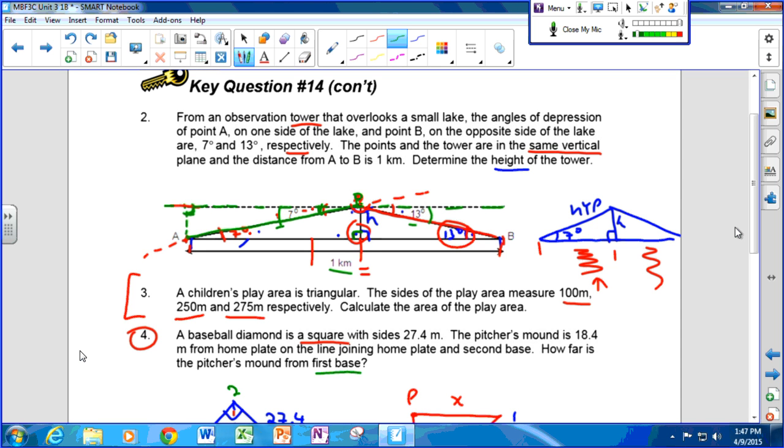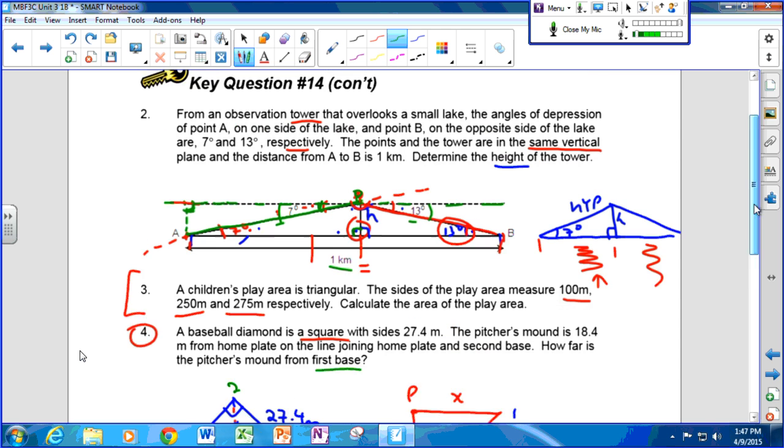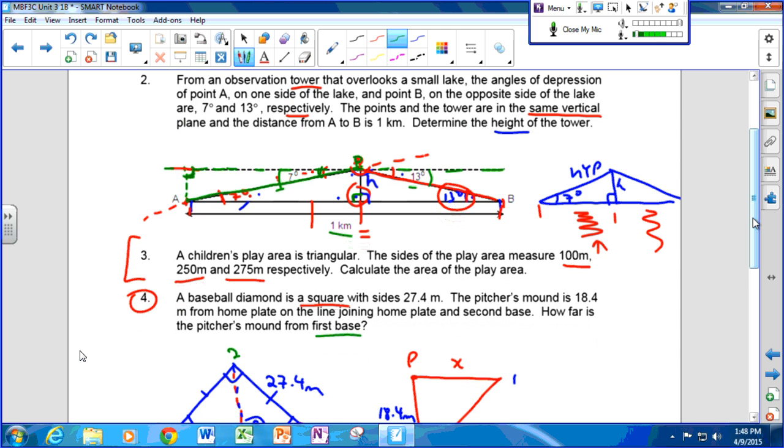They're calling it an observation tower, and in our experience, observation towers are vertical. Same as walls. Walls make 90-degree angles with the ground. Poles make 90-degree angles with the ground. Towers, buildings, everything makes 90-degree angles with the ground. We can just assume that. Okay, so there you go.